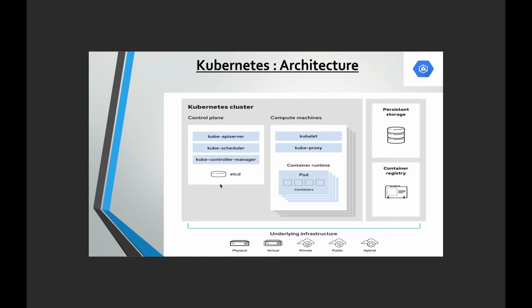Then coming to the compute machine part, to have a Kubernetes cluster, we need to have at least one node. So the basic requirement is that you should have at least a node, but based on your need, it can be one or more, and based on your design of the application, you can choose to have as many nodes as you need. Now, the pod is the smallest unit in the Kubernetes world.